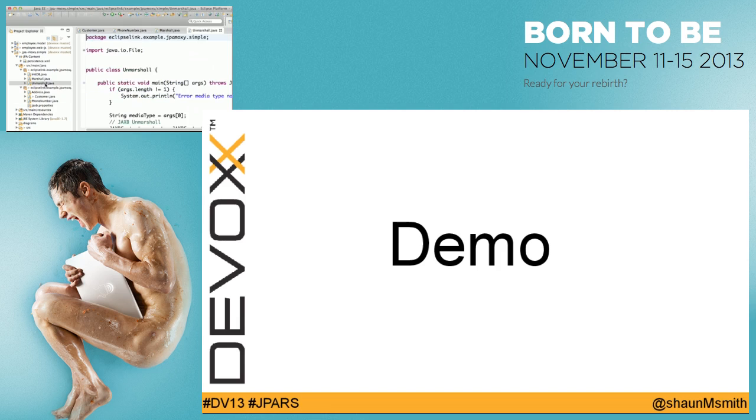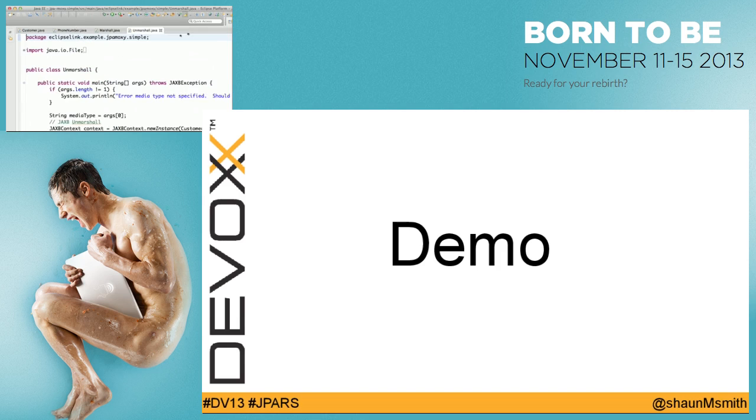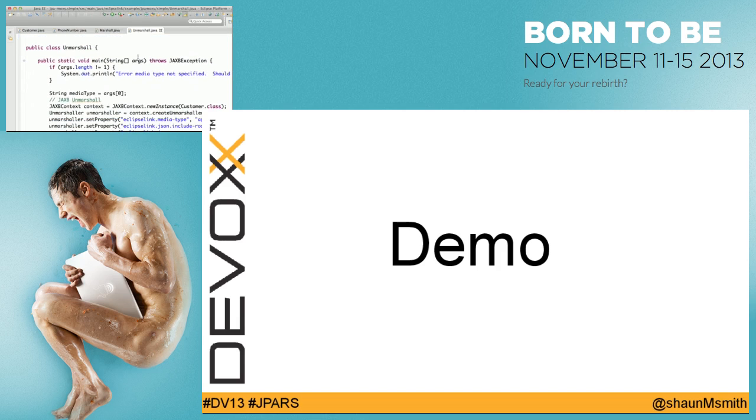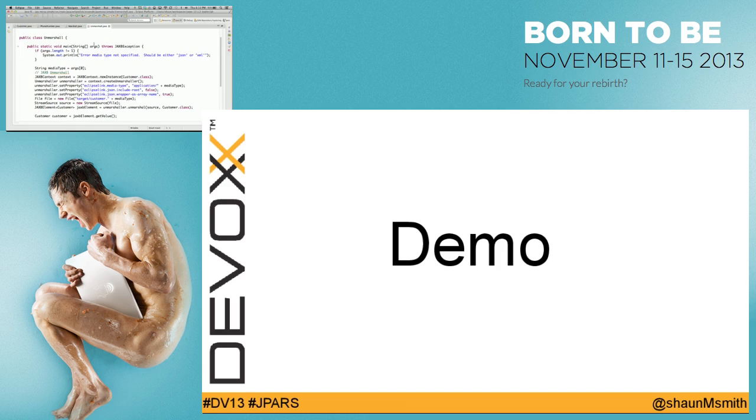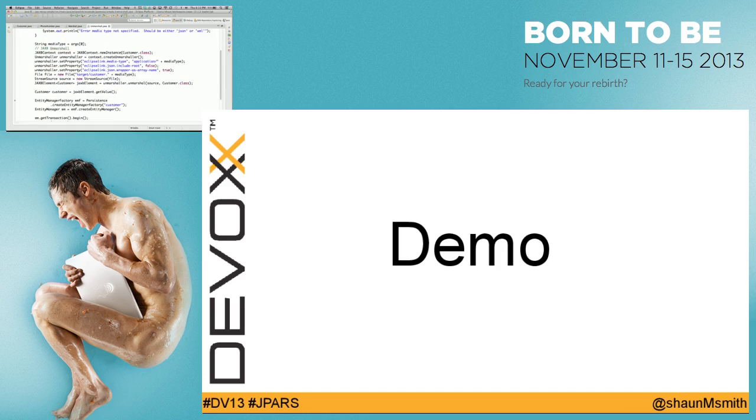And so I'm going to unmarshal. So I'll show you that code here. I'm going to do the exact reverse, right? I'm going to get a marshaller, or unmarshaller in this case. I'm going to say I'm reading XML or JSON.